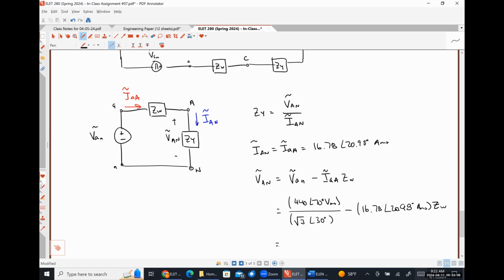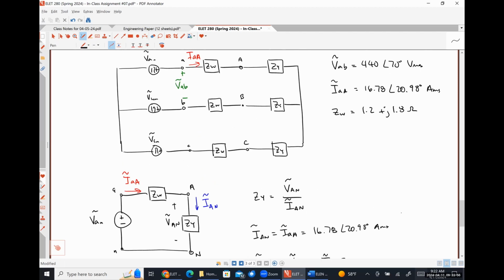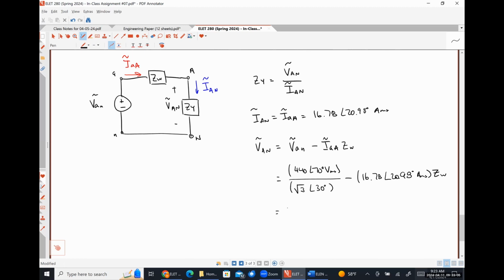So 440 angle 70 over √3 angle 30, minus 16.78 angle 20.98. ZW was 1.2 plus 1.8 j. And I got 226.226 with an angle of 34.421 volts RMS.